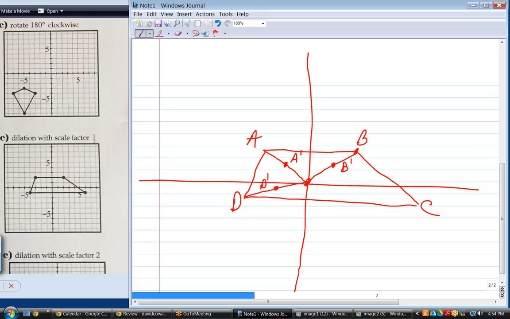And the new C is right there, halfway, C prime. Connect the dots, and you end up with something that looks, and in fact is, similar to your original quadrilateral. Okay. Just half as big.